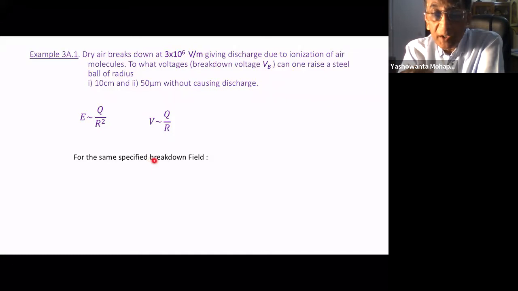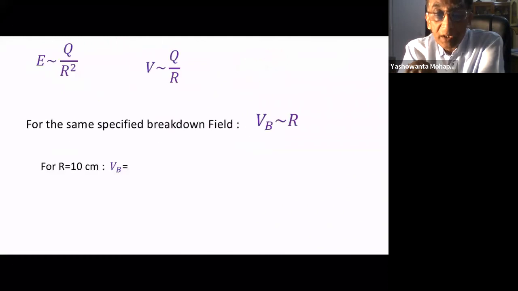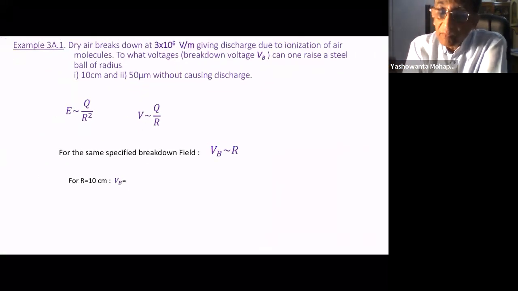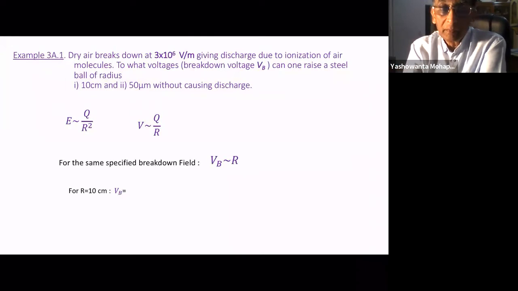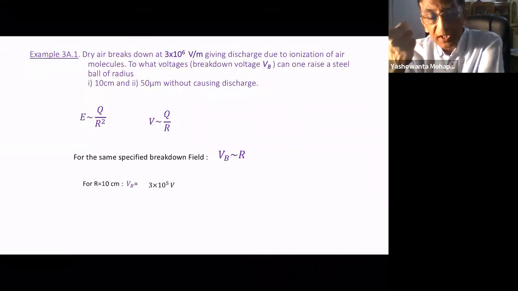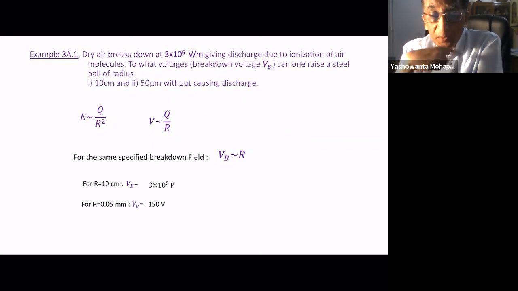So for the same specified breakdown field, one can see that the breakdown voltage is proportional to R. For the 10 centimeter steel ball, V_B would be E multiplied by the radius, which is 3×10^5 volts. Suppose instead it is 50 microns, which is 0.05 millimeter; then it is 150 volts, as small as that.